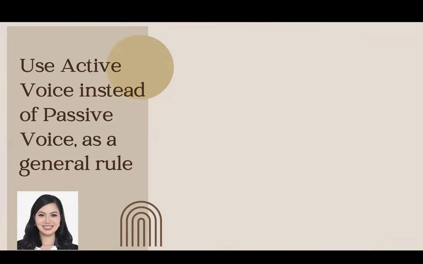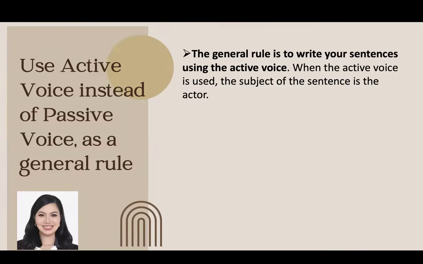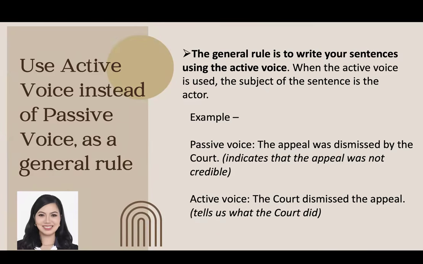Another rule is to use active voice instead of passive voice as a general rule. The general rule is to write your sentences using the active voice. When the active voice is used, the subject of the sentence is the actor or the doer. Example of the passive voice first. For the passive voice: "The appeal was dismissed by the court."